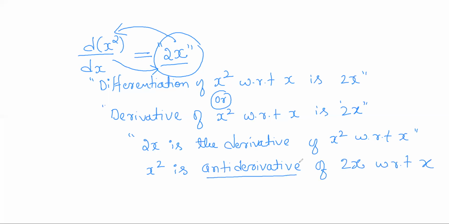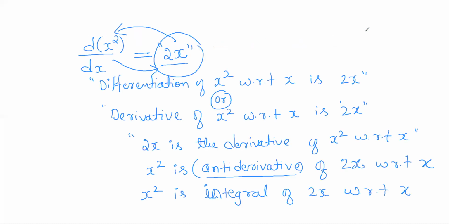And in place of the word antiderivative, you can use the synonym integral. So x square is the integral of 2x with respect to x. That is, the integral of 2x with respect to x is x square.